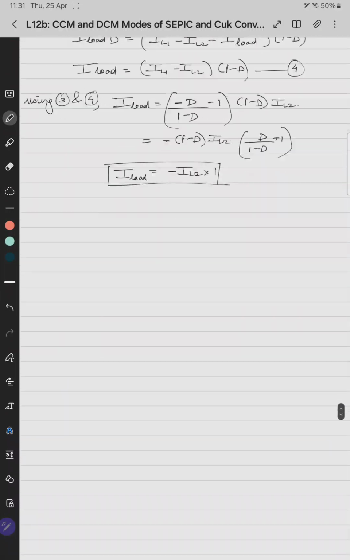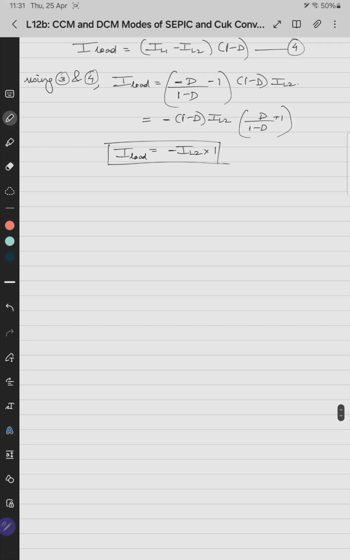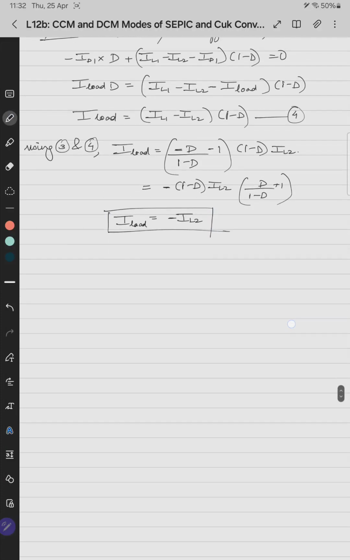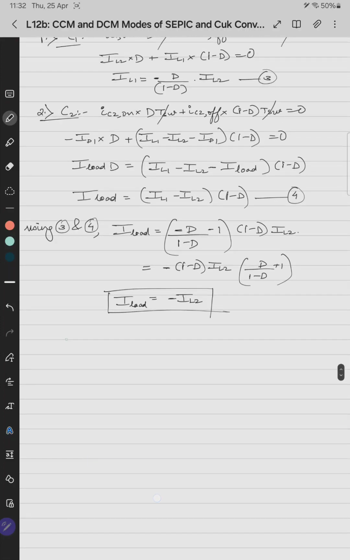So this is what we got. I load is minus IL2. Again, there is a negative sign here, which means that we have to reverse the convention of IL2. If I load is minus IL2, what is IL1? Using equation number 3, IL1 is minus D by 1 minus T into IL2.